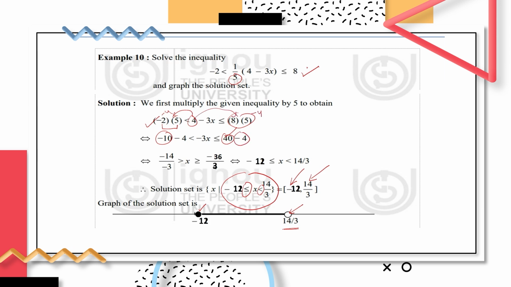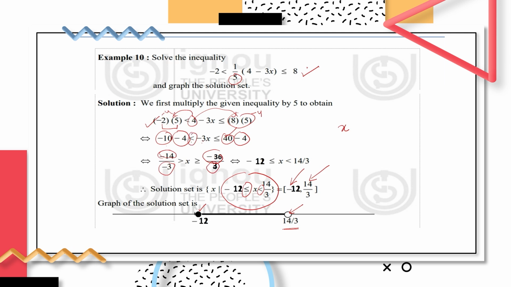So, 4 is to be subtracted from the expressions on the left hand side and the right hand side also. So, minus 10 minus 4 turns out to be minus 14, and 40 minus 4 turns out to be 36. Now, in order to have just x, we need to divide the left hand side and right hand side by minus 3. So, that is why the sign will be changed.